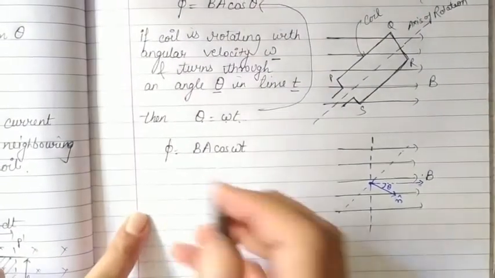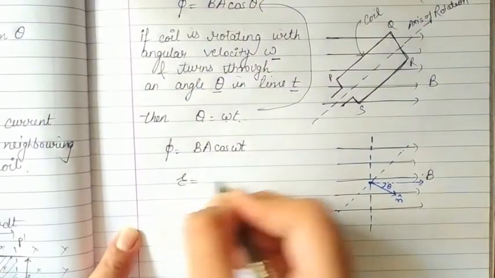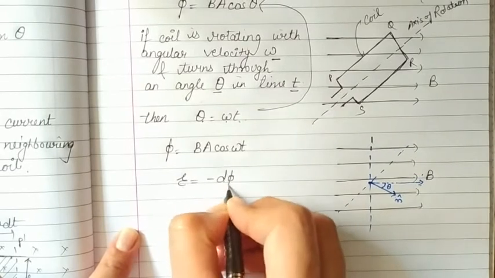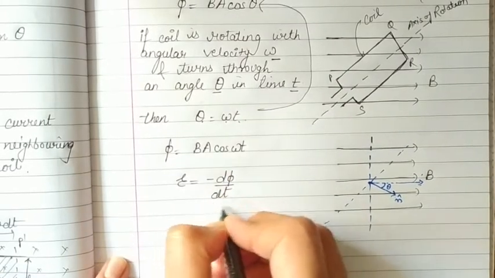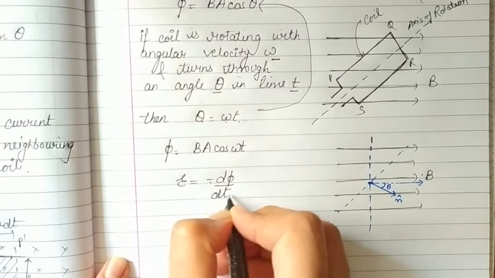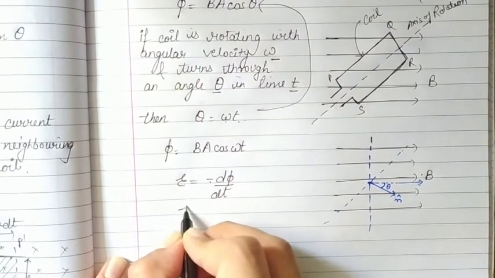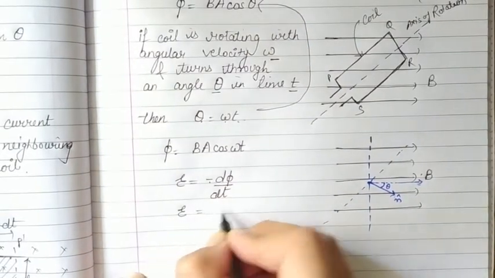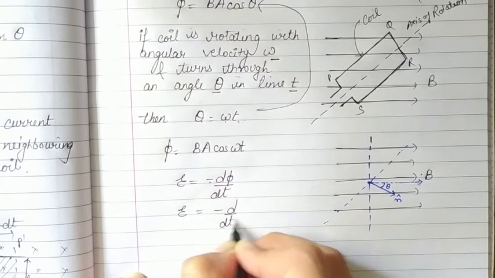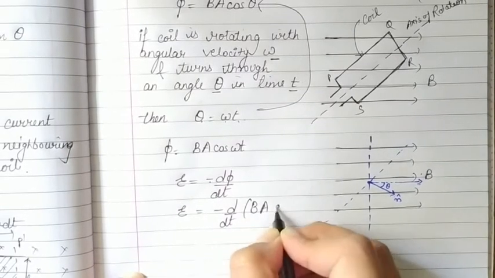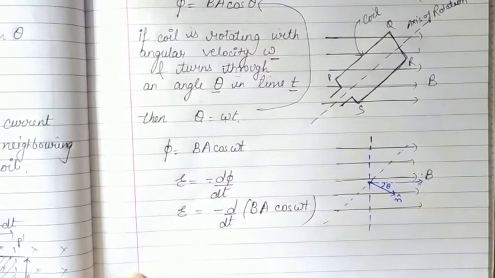So this induced EMF epsilon is minus d phi over dt, that is, the opposite of the rate of change of magnetic flux. So epsilon is equal to minus d over dt of BA cos omega t.